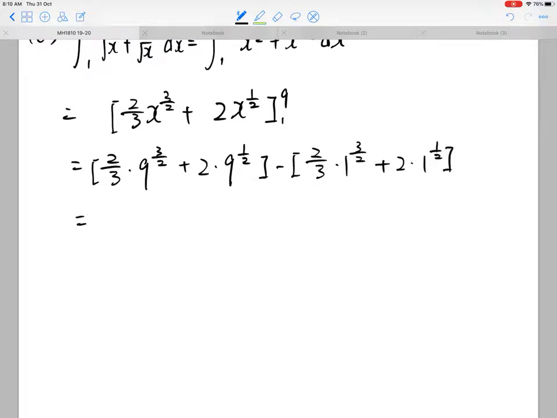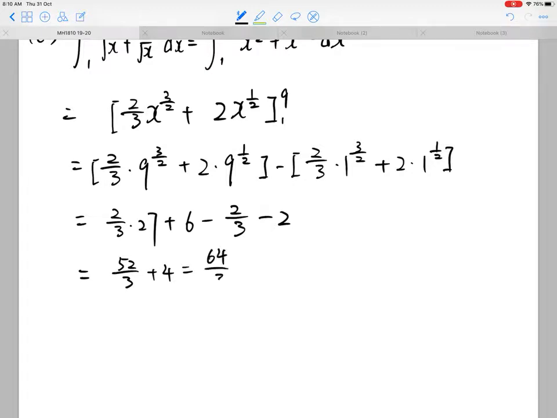So this part is 2 over 3 times 27, this part is 2 times 3, which is 6, minus 2 over 3 minus 2. So it is 52 over 3 plus 4, which is 64 over 3.